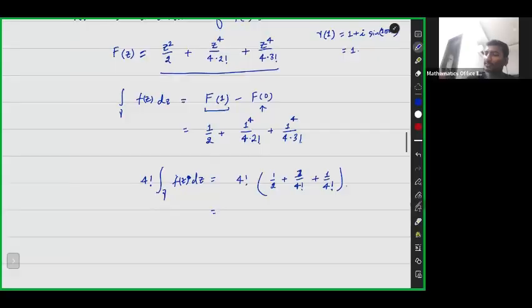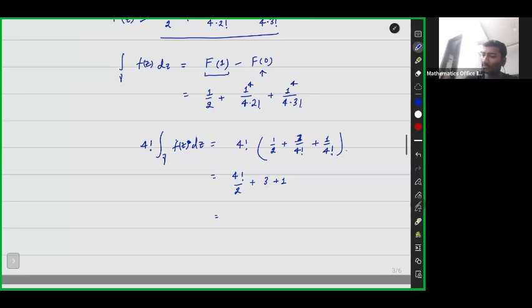Now 4 factorial is multiplied everywhere, so what are we going to get? 4 factorial by 2 plus 3 plus 1. 4 factorial is 24, divided by 2 is 12, plus 3 is 15, plus 1 is 16.